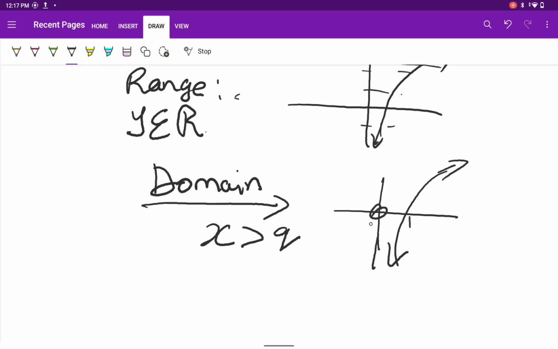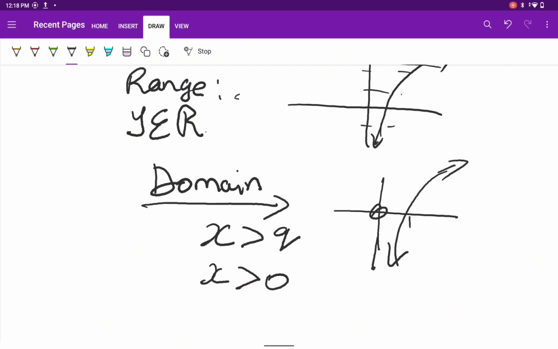The asymptote is at 0. So it means here we'll have x greater than 0 as the domain. That's how we calculate the domain and the range. They are more likely to ask us about the domain than anything else here.